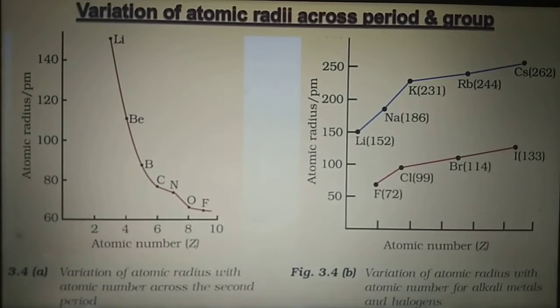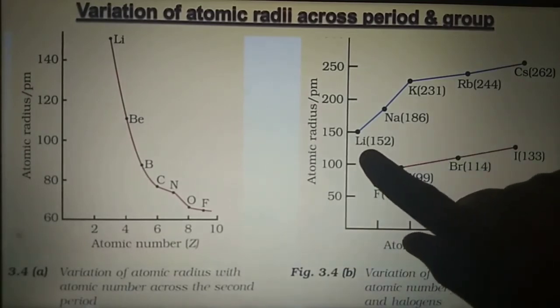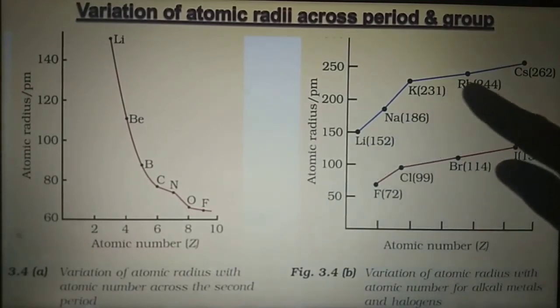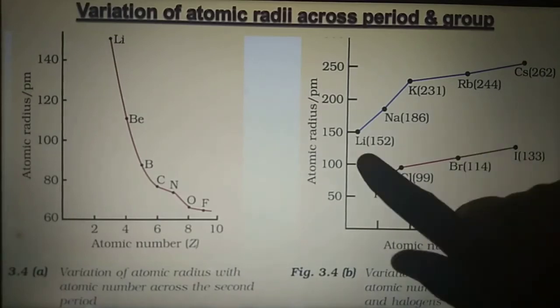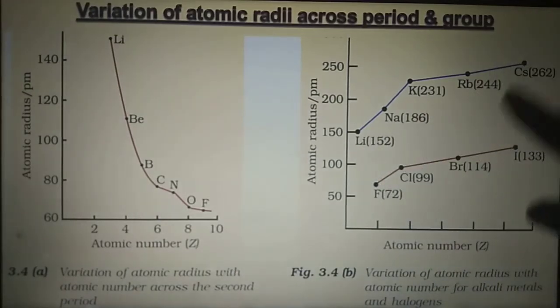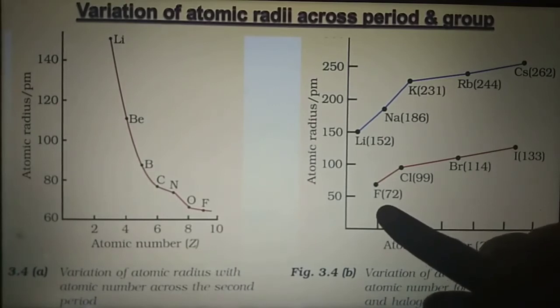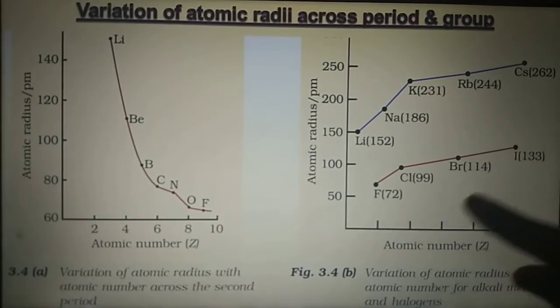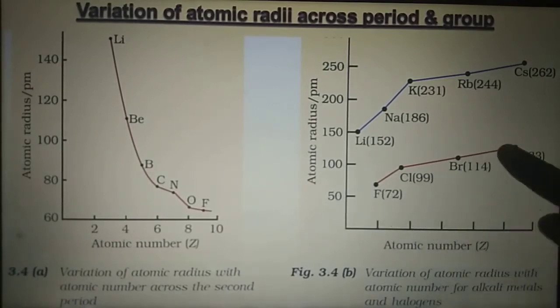We can observe that from lithium to sodium to potassium, rubidium and cesium, the size goes on increasing. And similarly for group 17, fluorine, chlorine, bromine and iodine, again the atomic size increases. So we conclude that atomic size will definitely increase down the group and it will decrease along the period. But keep in mind that these are general observations, they are not always true.